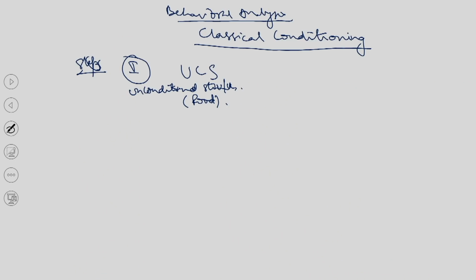So, how does this theory move about? In step 1, we have something called an unconditioned stimulus, which leads to something called an unconditioned response, and in this case the unconditioned response is salivation.